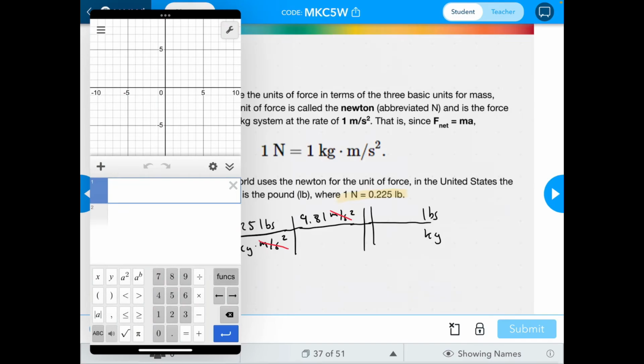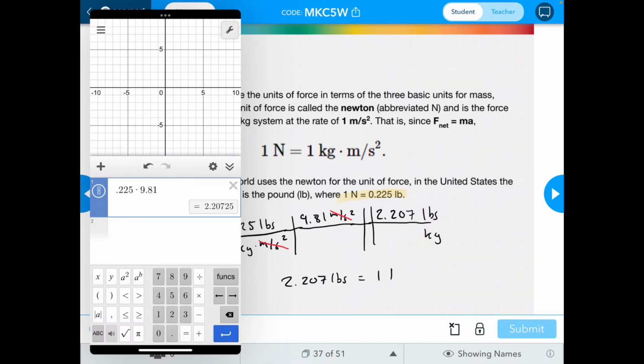Just to show you where they get this conversion from, you don't have to write this down at all, but 0.225 times 9.81 is 2.207 pounds. So 2.207 pounds equals 1 kilogram.